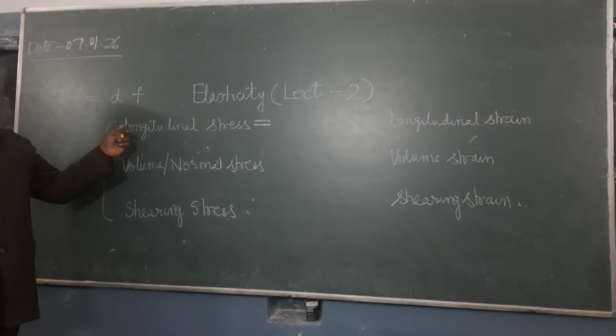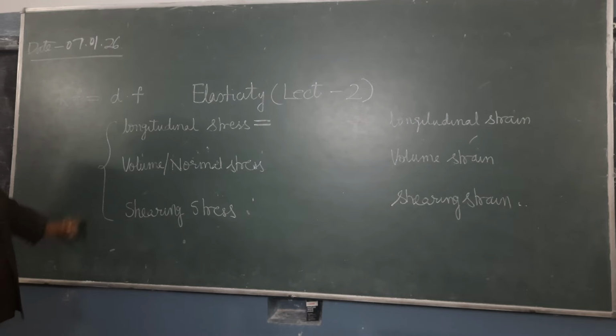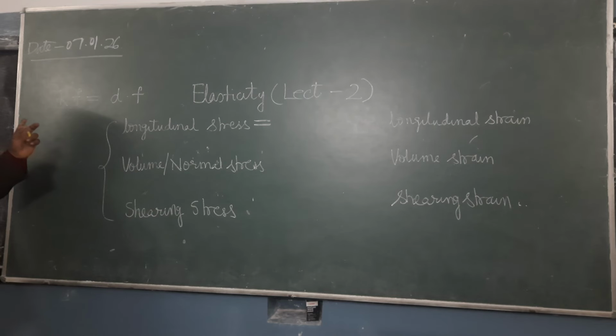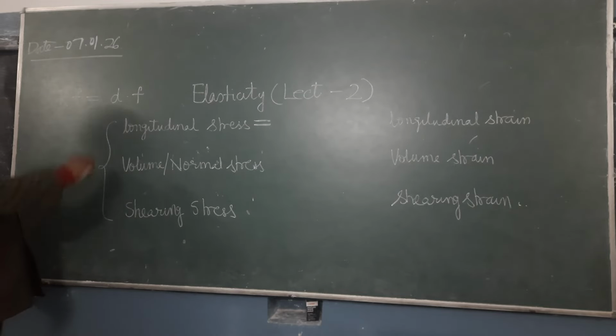Every body is elastic up to a certain value of deforming force. That maximum value of deforming force up to which the body remains elastic is called the limit of elasticity. If the deforming force exceeds that value, what will happen? Body will be permanently deformed.